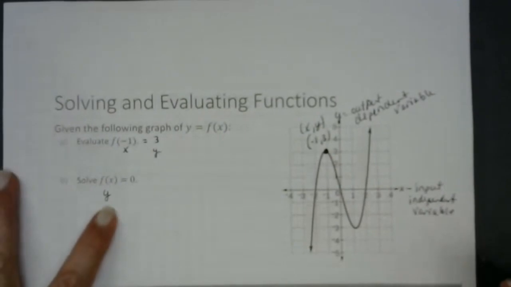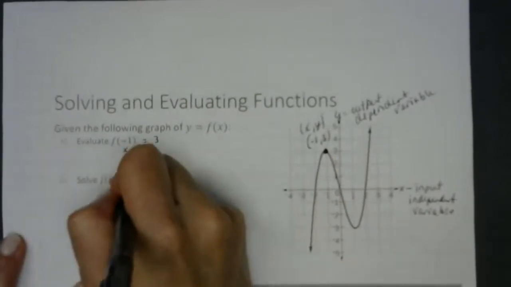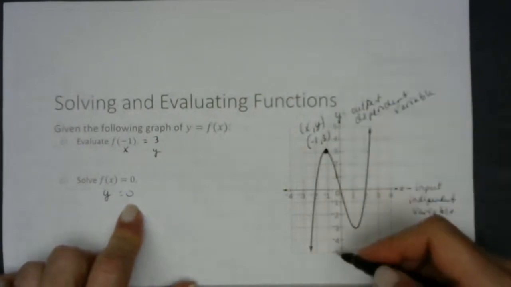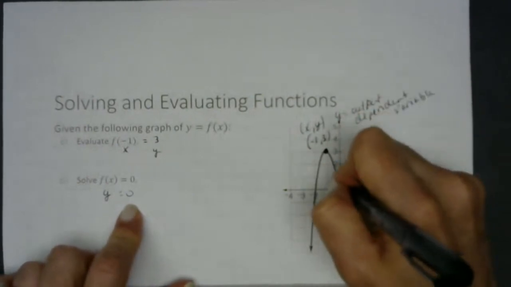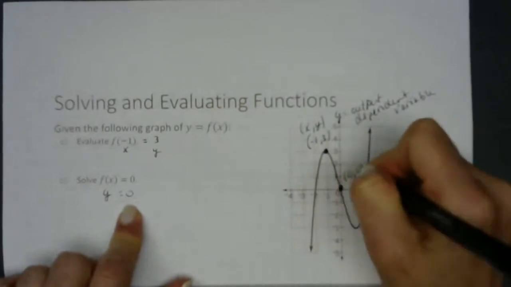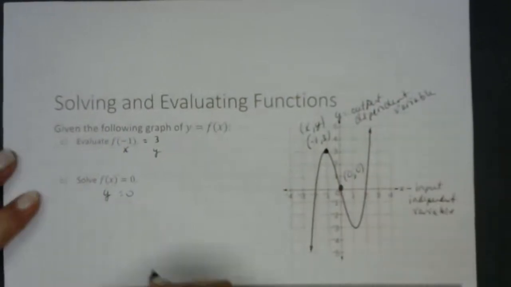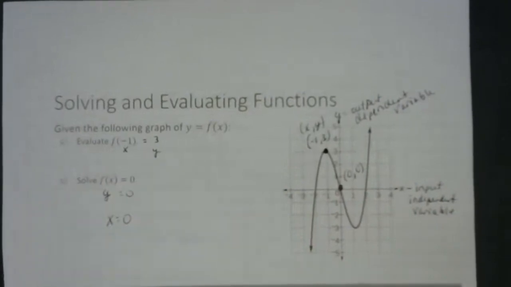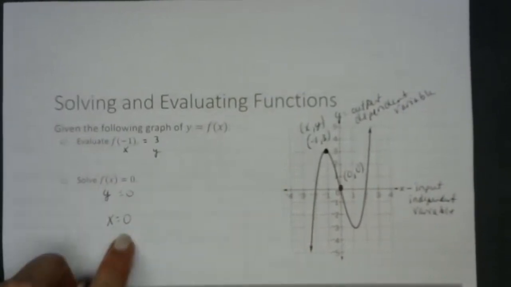So I want to find where y equals 0. Well, the point on the graph that has a y coordinate of 0 is right here at the origin. The x coordinate also happens to be 0. So I would say that x equals 0 when f of x equals 0, or that an input of 0 gives us an output of 0.